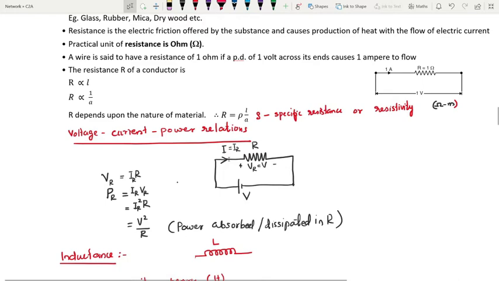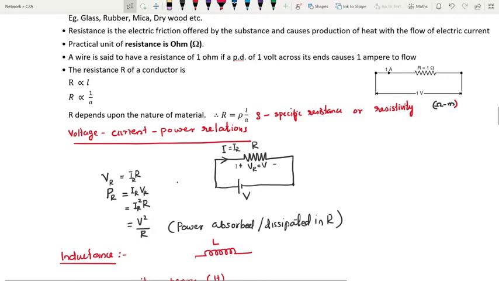And as current IR is flowing through this resistor, a voltage drop occurs across the resistance R. Let it be denoted by VR. In this case, VR is equal to the supply voltage V. So, VR can be expressed as IR into R, where IR is the current flowing through this resistor R.